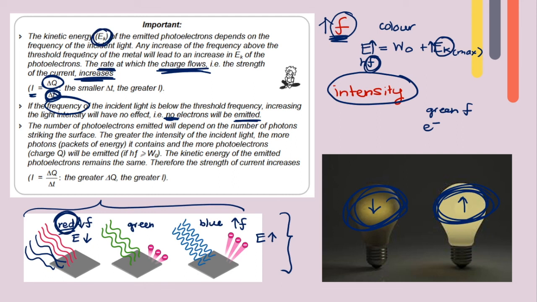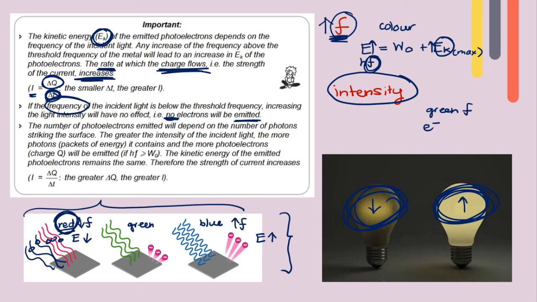What I need you guys to understand is that frequency specifically is going to change the kinetic energy. On the other hand, when we change the intensity, what we are basically doing is we are releasing more packets of energy at a time. Sorry guys, I went off track for a moment.